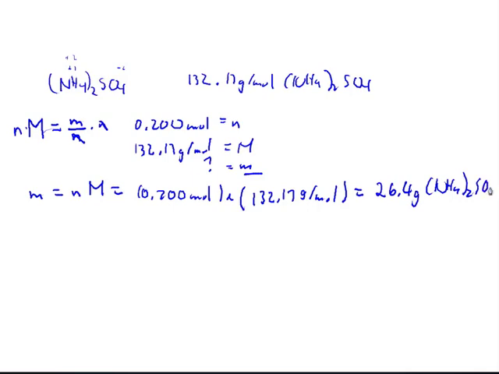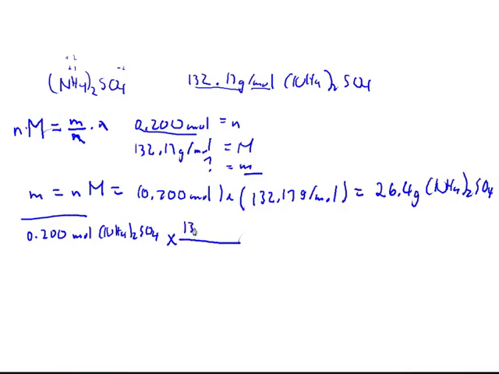Now the other method may seem very similar, but the reason why I like it is you don't really need a formula. We're always starting with a given value, which is 0.200 moles of ammonium sulfate, and we multiply it by, remember our molar mass is grams over moles. We want to cancel out the moles, so we know the moles has to be in the denominator and the grams must be in the numerator.